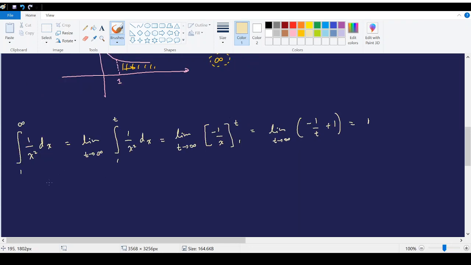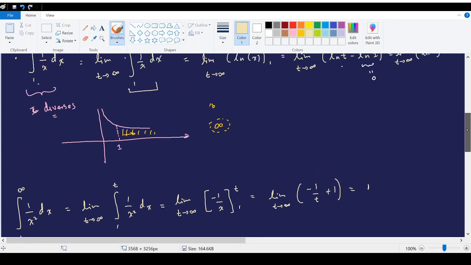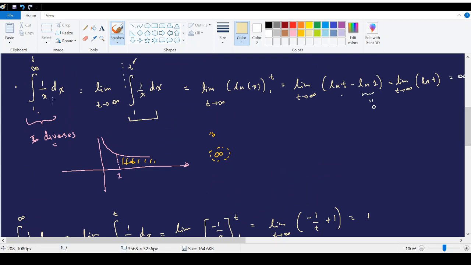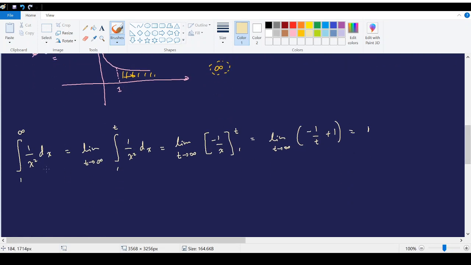How about this one? Now this is the same thing that I went over in the previous video also. The difference between this one and the first problem is, here you have 1 over x, and in the second case you have 1 over x squared.